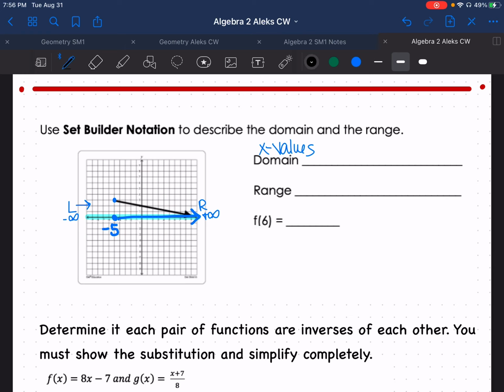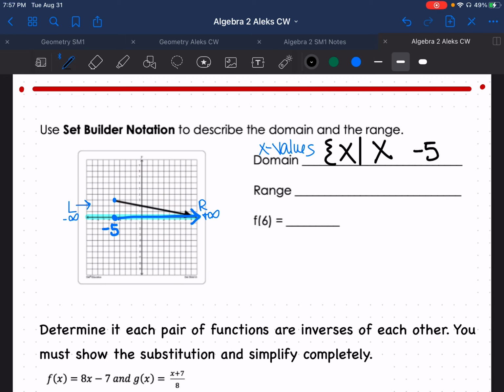To write that in set builder notation, I need to start with the squiggles, use the letter X and the vertical line for all the values of X such that, and now I need to write an inequality. Since there's only one number on my line, -5, this is simply x is greater than or x is less than -5.